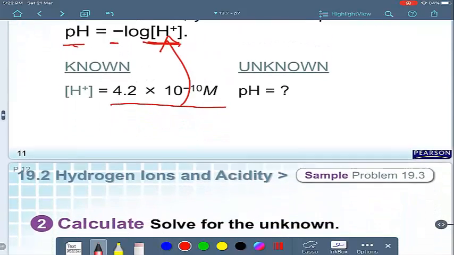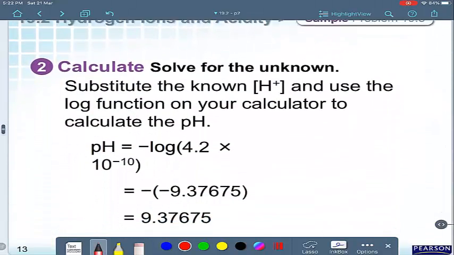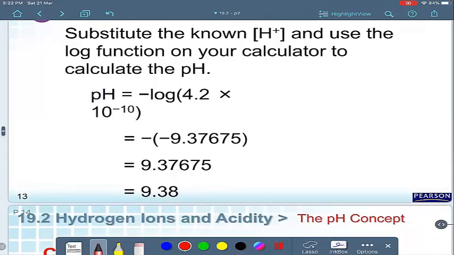You will get the value by calculator. So you have to follow this rule and find the result. Look, the log of this value you got is negative 9.37675, and the value of pH is 9.38.